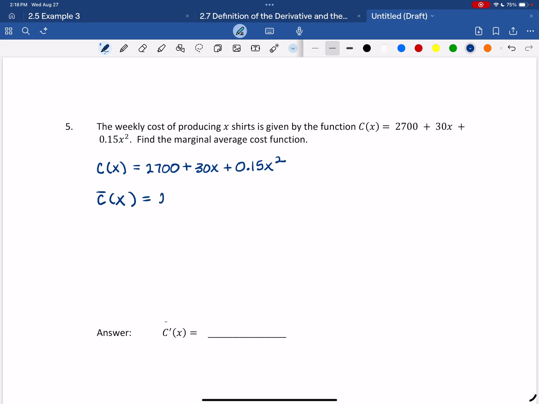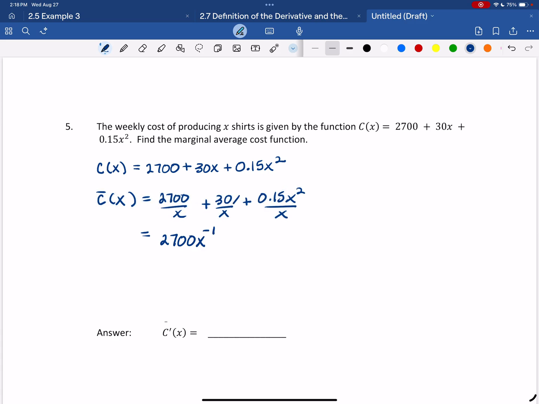So look, 2,700 over x plus 30 over x plus 0.15 x squared over x. I'm going to write these so that I can take my derivative using the power rule. So we don't do anything with division.